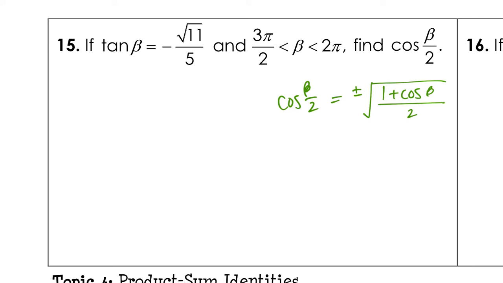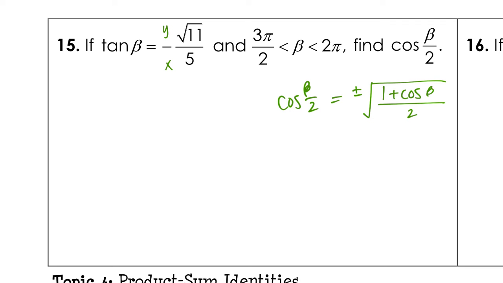So in order to use this identity, we need to know what cosine beta is, and the only thing they gave us was tangent beta. I know that tangent is y over x.